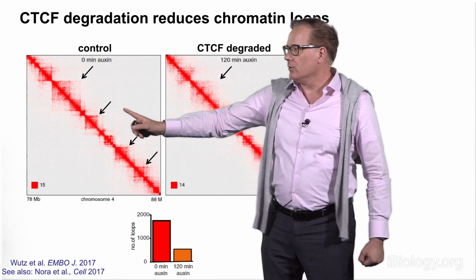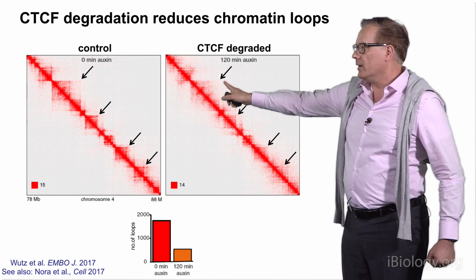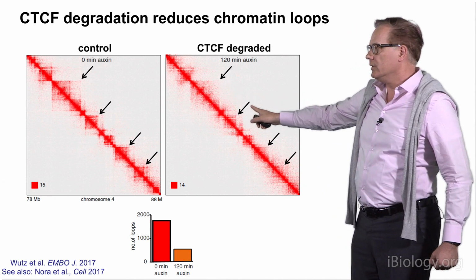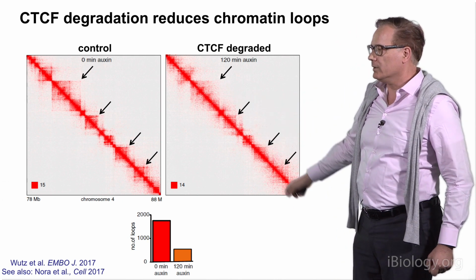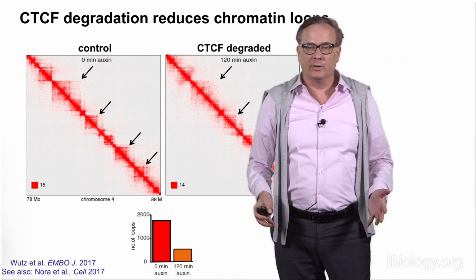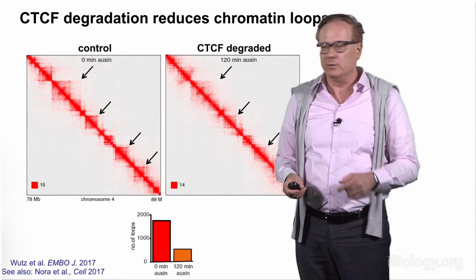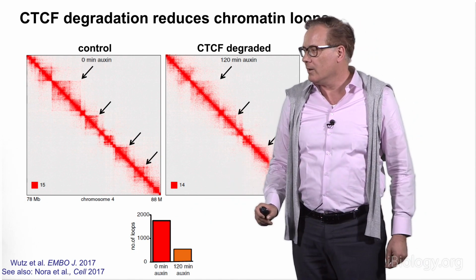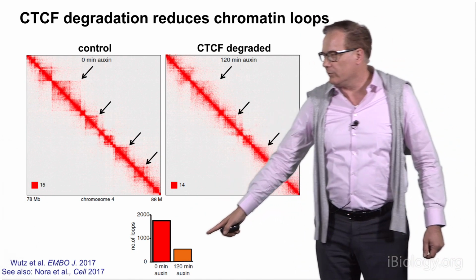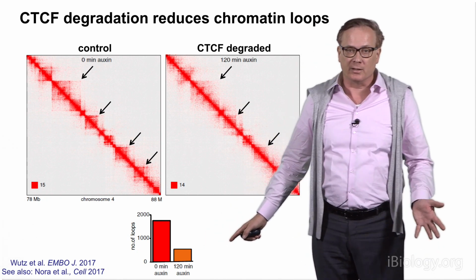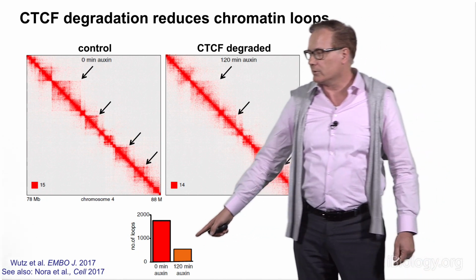And they can no longer be clearly detected after depletion of CTCF, as you can see here. The arrows are pointing at this. And genome-wide, one can quantify this using special algorithms that's shown in the histogram on the bottom, where you can see that the number of loops one can algorithmically detect after CTCF depletion is much reduced.